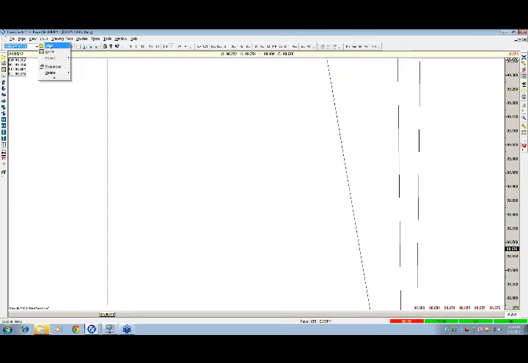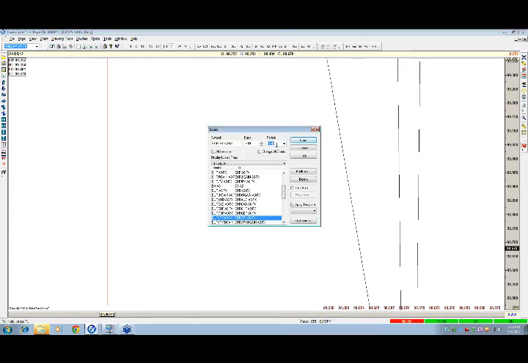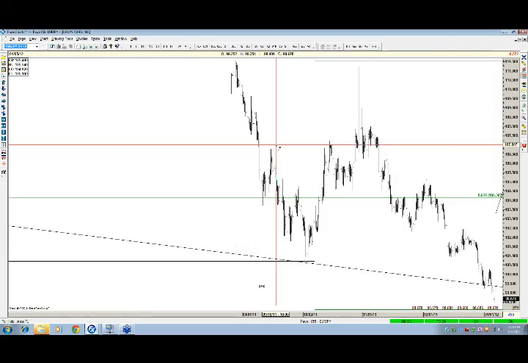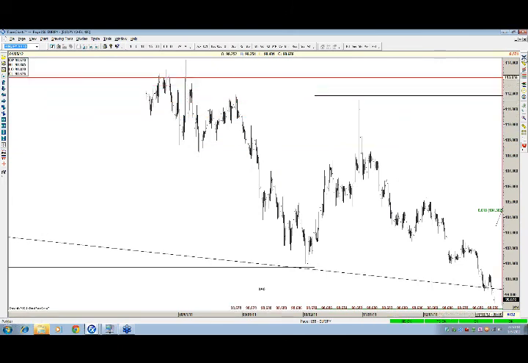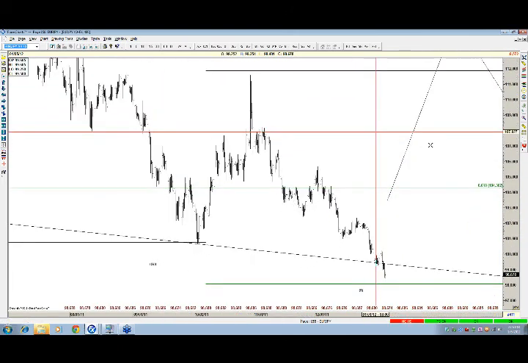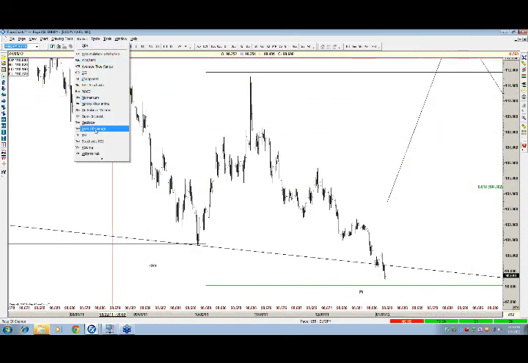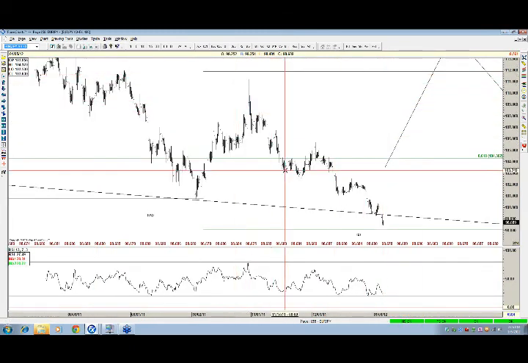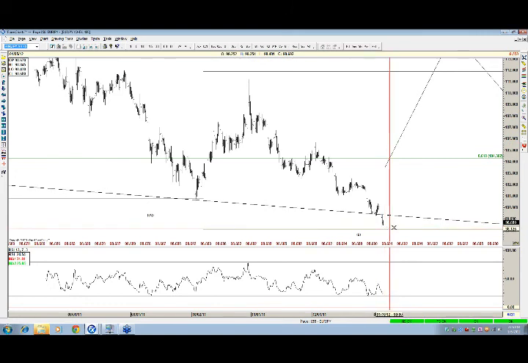One second, let me go a little smaller. Now, this looks to be a 3-wave move, as it is.